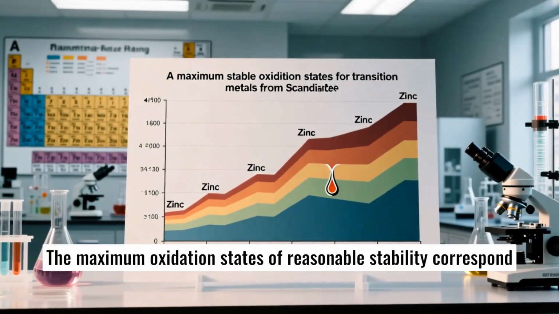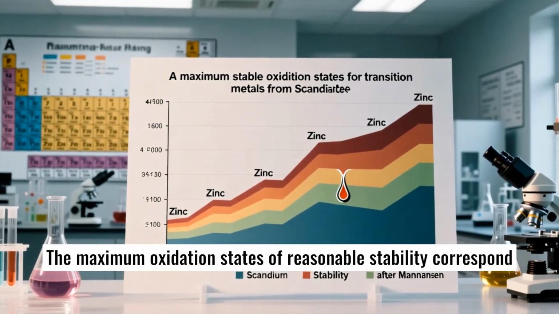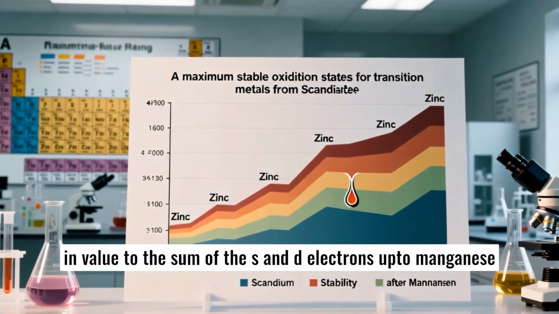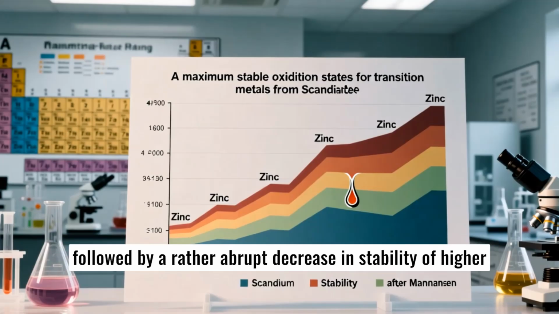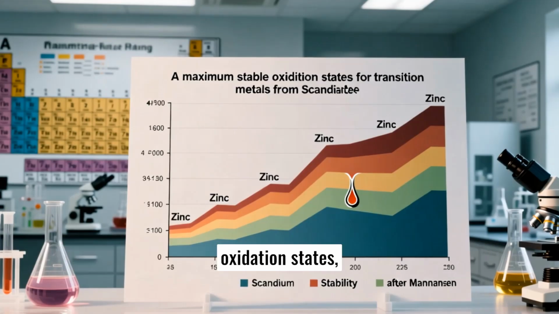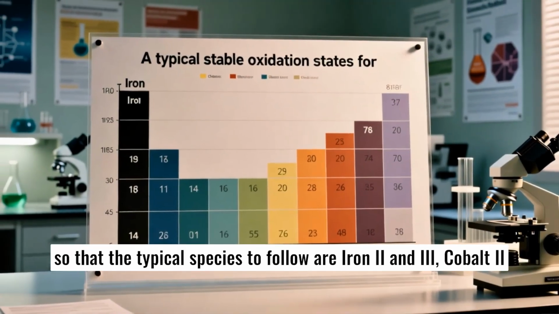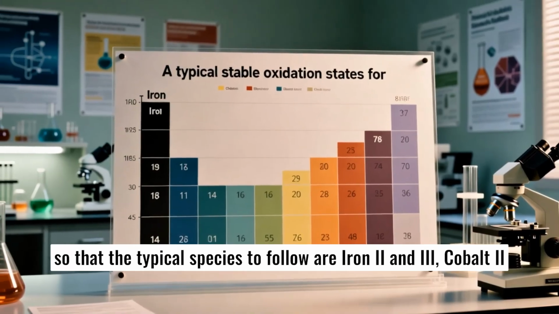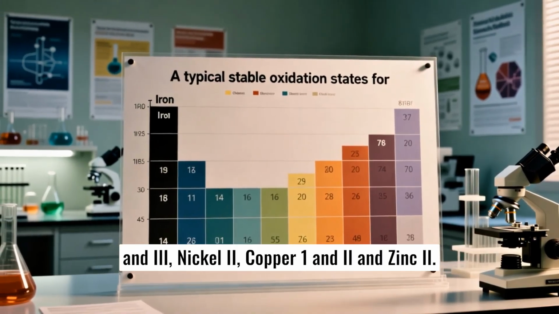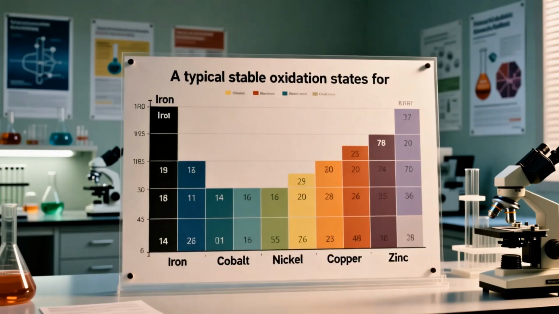The maximum oxidation states of reasonable stability correspond in value to the sum of the s and d electrons up to manganese, followed by a rather abrupt decrease in stability of higher oxidation states. So the typical species to follow are iron 2 and 3, cobalt 2 and 3, nickel 2, copper 1 and 2, and zinc 2.